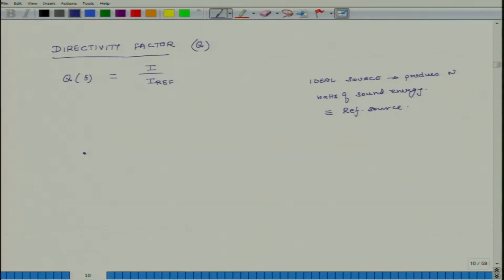Now this is my source, I will call it S, and I am interested in finding out the directivity factor. So my microphone is here at a far away point.